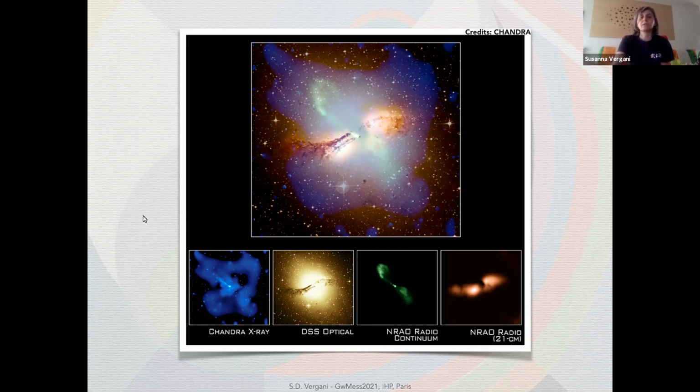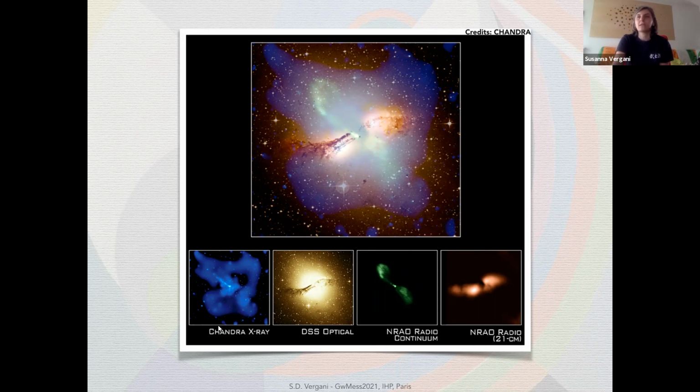I can observe different things and different mechanisms, different processes. Here I show an image of a galaxy observed with different instruments, from X-ray satellite from space to radio observation. And you see that the galaxy looks completely different depending on the frequency at which I observe it.